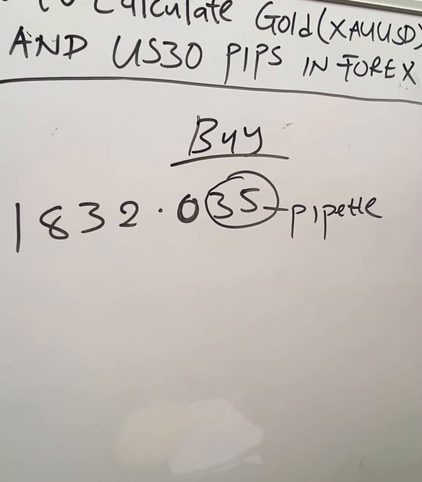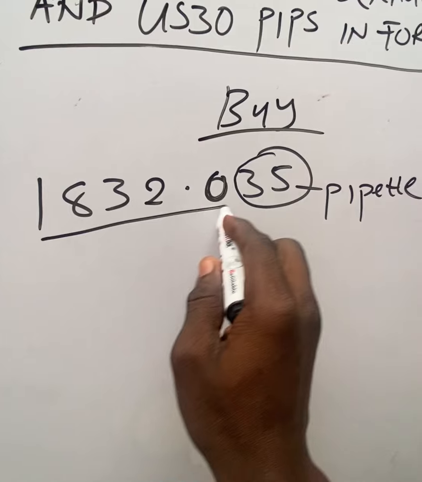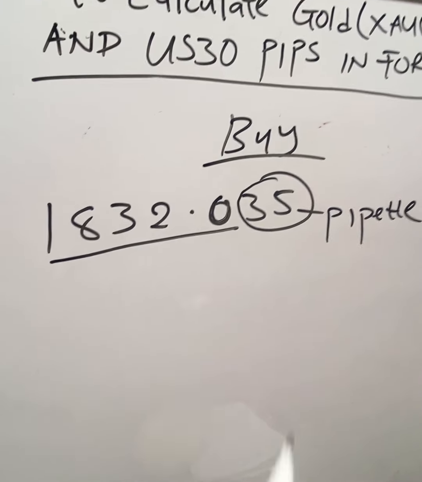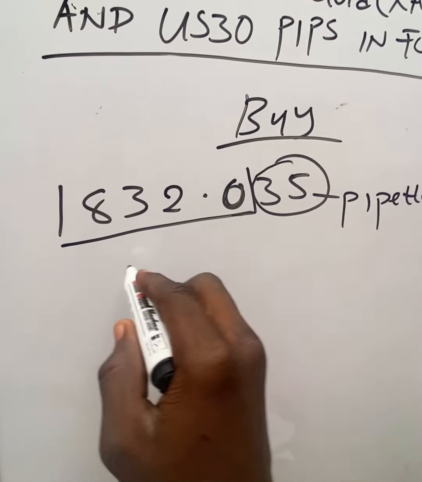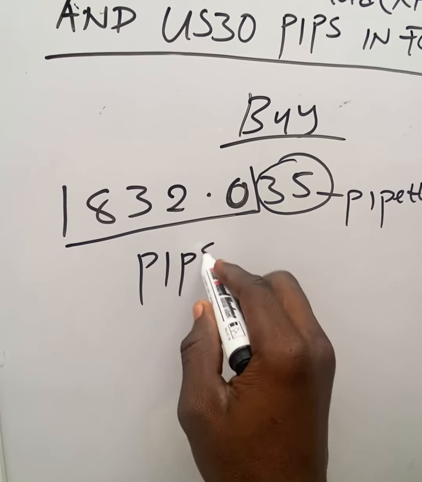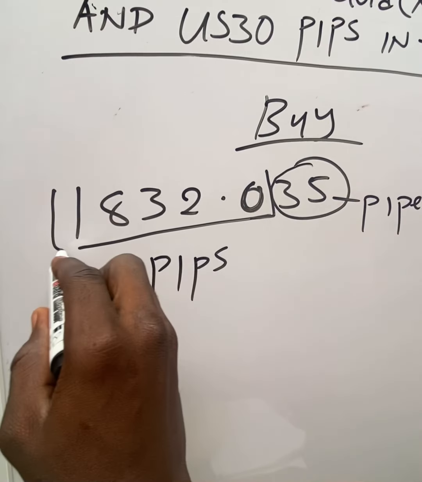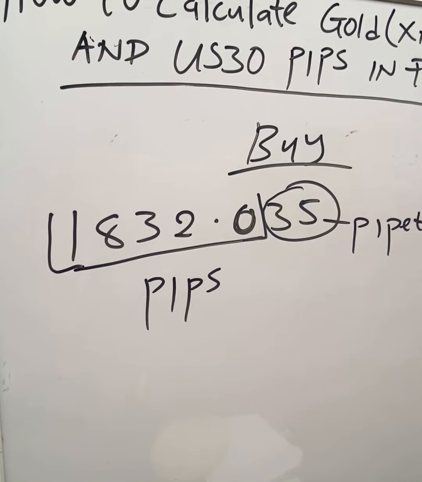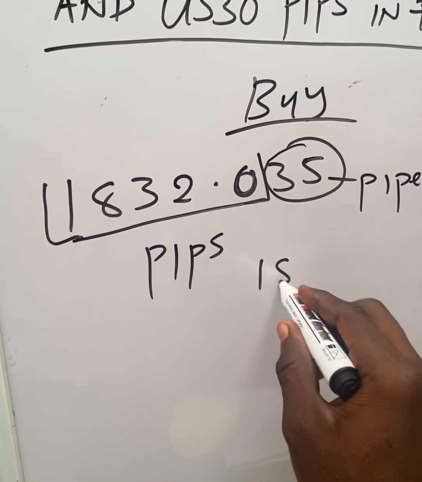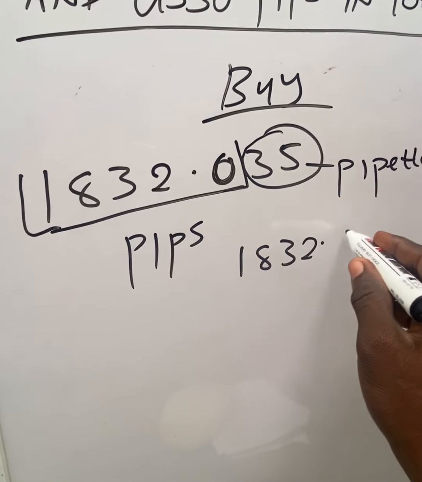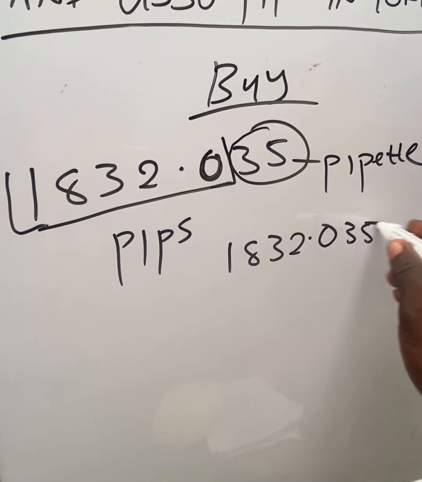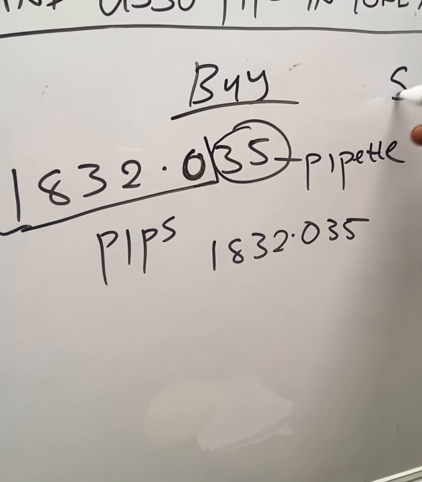So we have 50 pips, so we are left with only this price. These numbers are the real pips. So we have 1832.035 and a 50 pips stop loss.